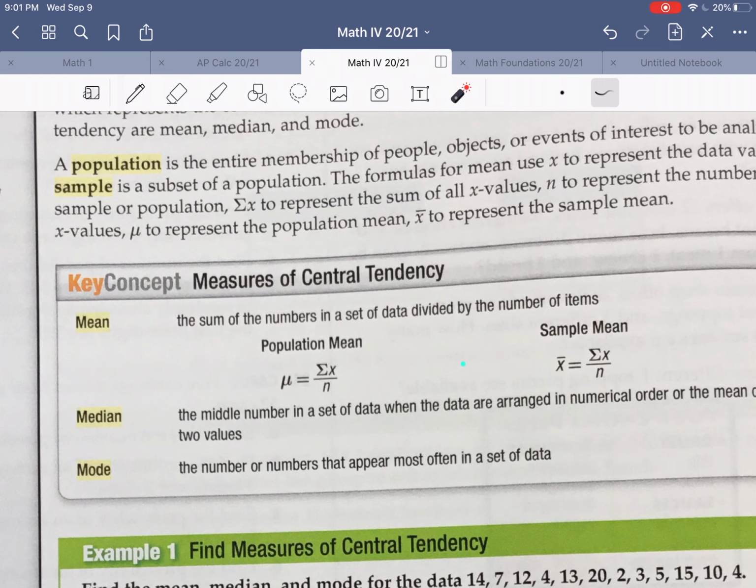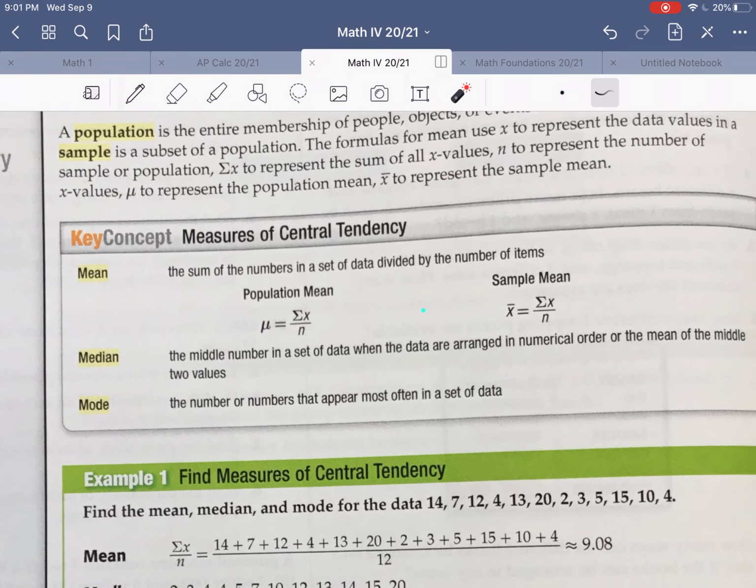You just add all the numbers up, divide by the number of numbers. That is your mean. And whether it's your population or your sample doesn't really matter all that much, except in the Greek letters that we use. So mu for the population, and we call this x bar because there's an X with a bar on top. I guess mathematicians aren't very creative with names, honestly.